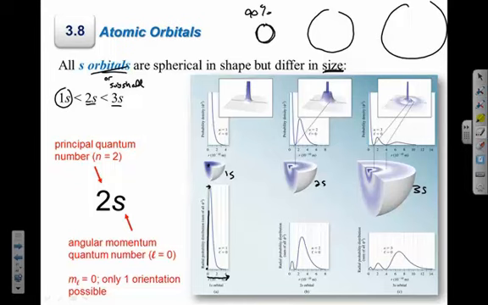So if we look at the 2s now, this gets a little trickier. The 2s has a node, and the node is here. This white area here, that's my node. Right? So what is a node?